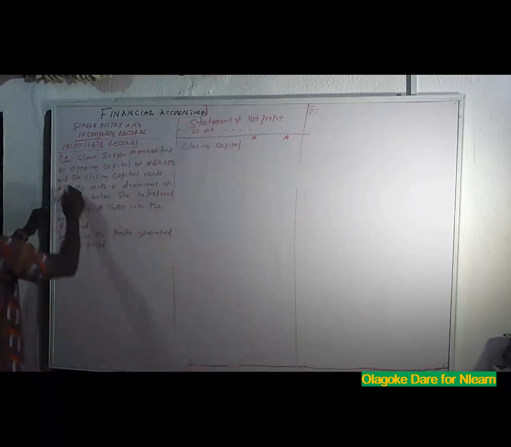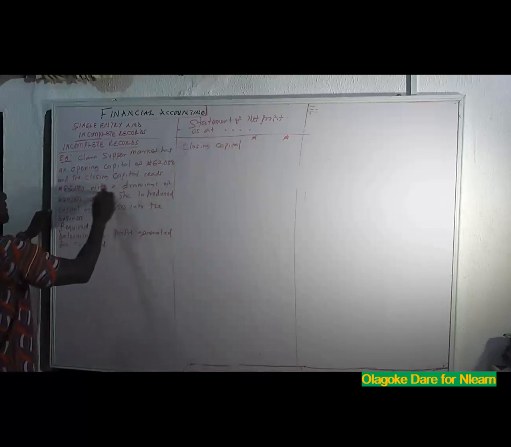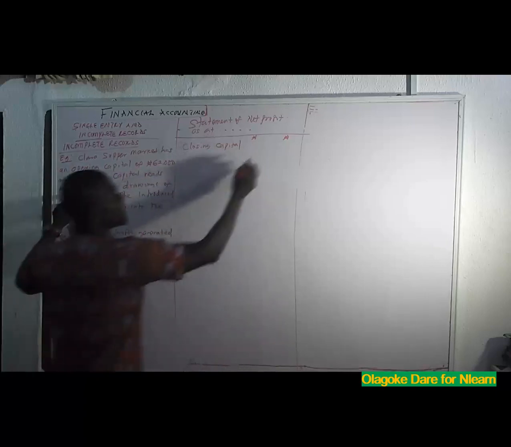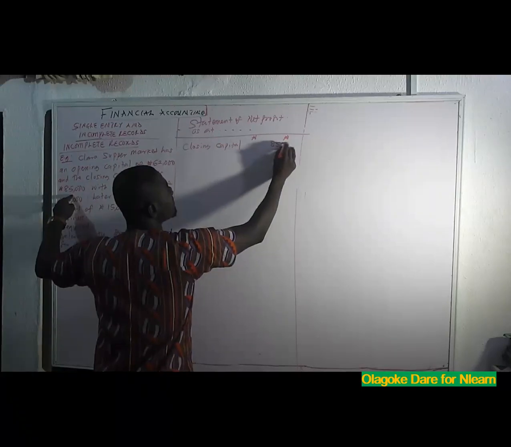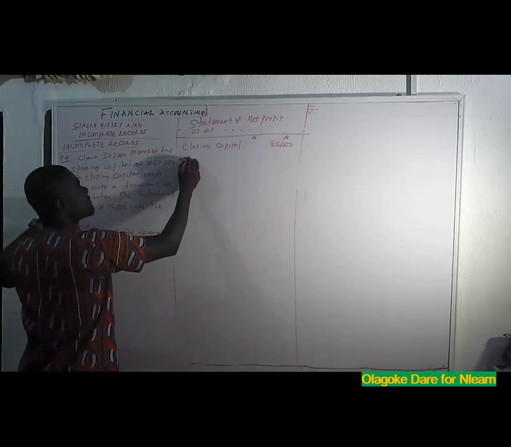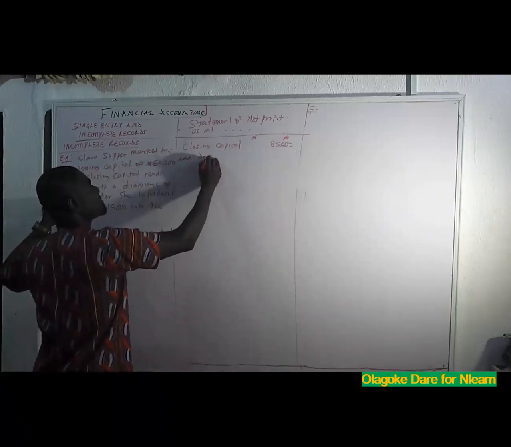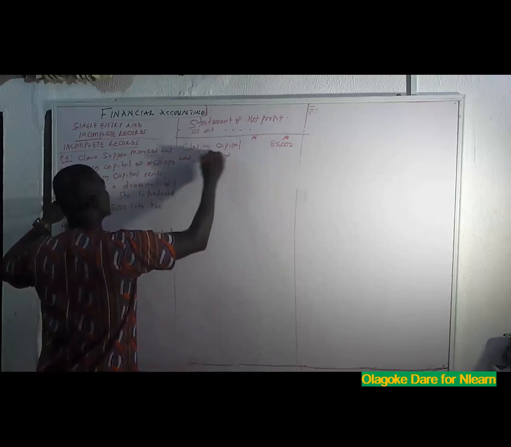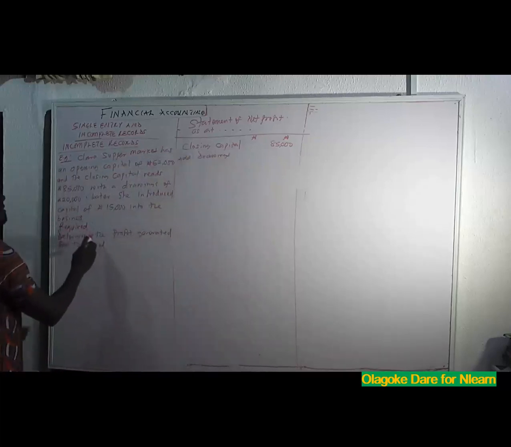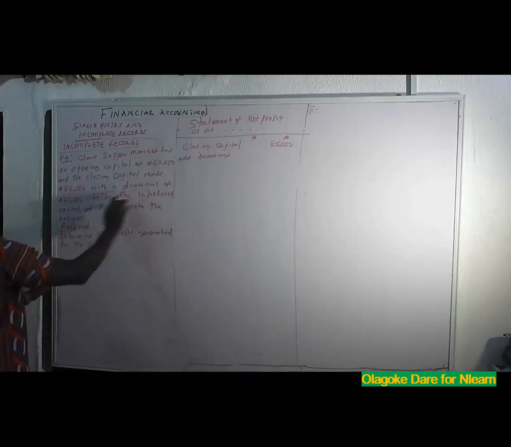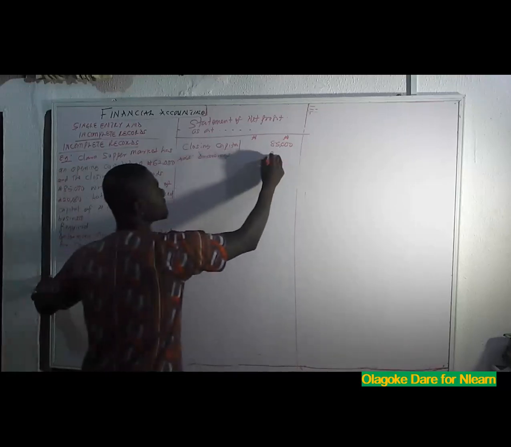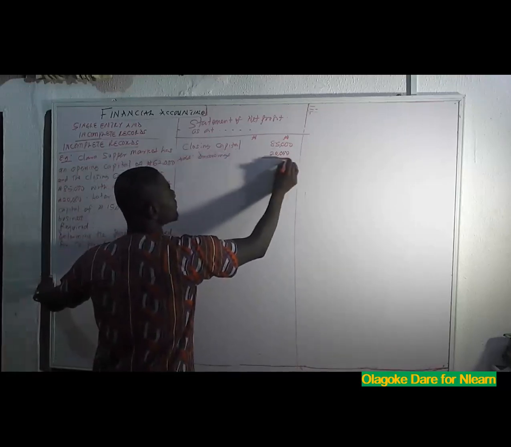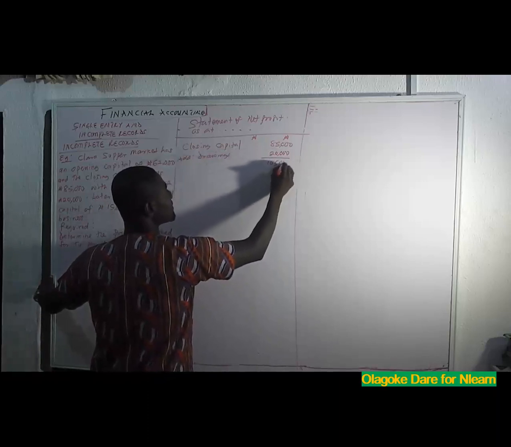The closing capital of the business is 85,000. Then we add any drawings we have. We have drawings of 20,000, so we have 105,000 here.